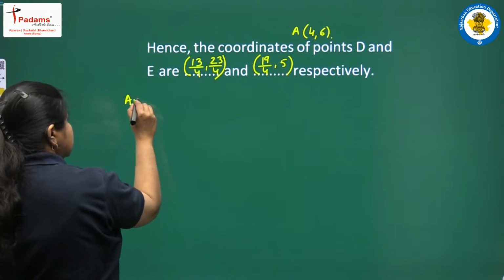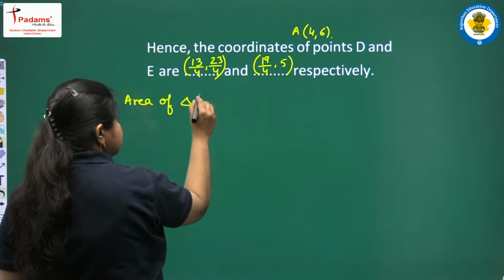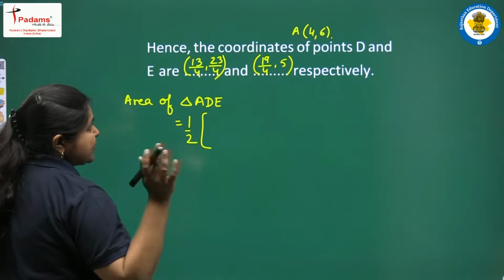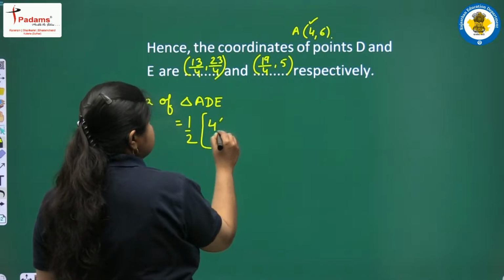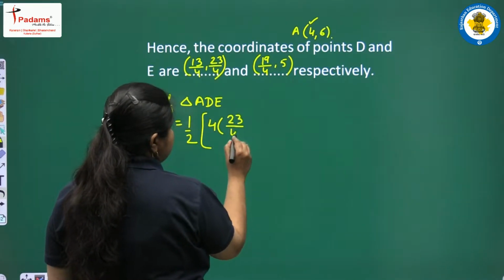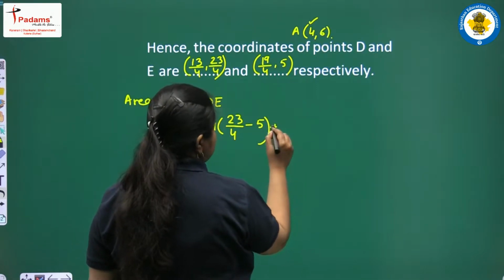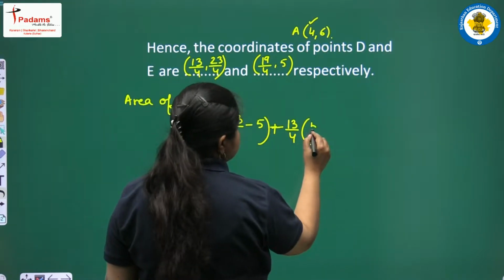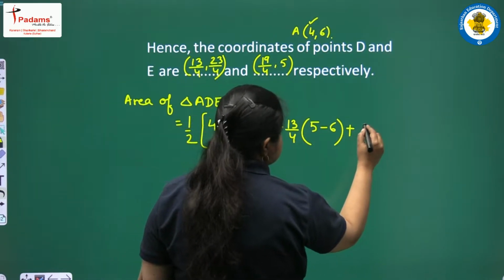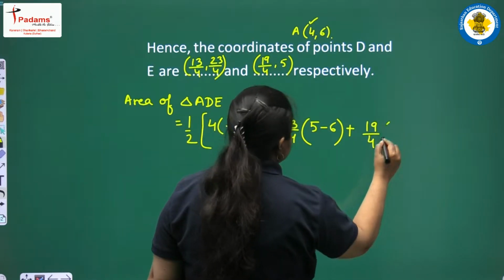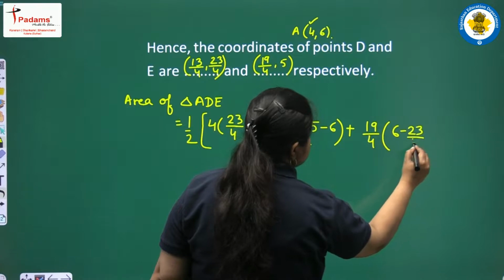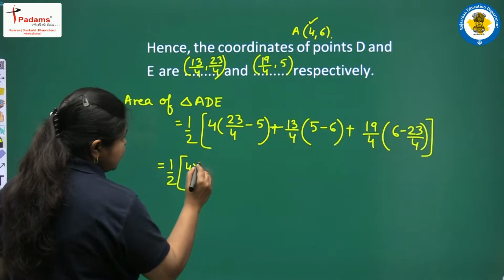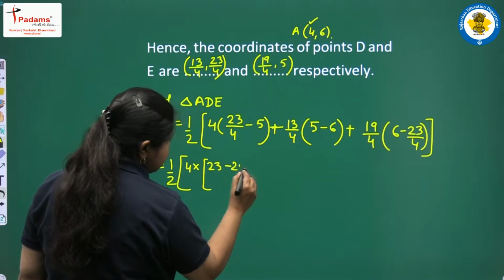Now area of triangle ADE, this will be given by half, then the x coordinate of first point 4, and then 23 upon 4 minus 5, then the x coordinate of second point which will be 13 by 4, and then the difference 5 minus 6, and then we have 19 by 4 and then 6 minus 23 by 4. This will give you half. 4 into here you will have 23 minus 20 upon 4.